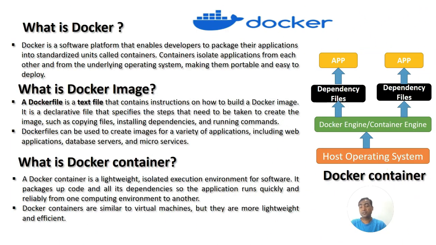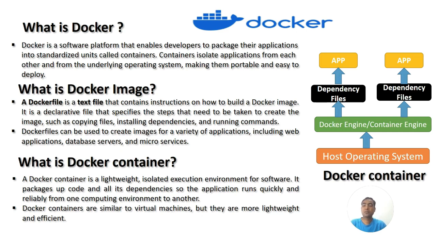Guys, Docker containers can be scaled up or down quickly and easily to meet changing demand. These are the basic advantages of Docker so that Docker can be used in real-world applications to easily deploy applications inside multiple environments like dev, UAT, production and more.